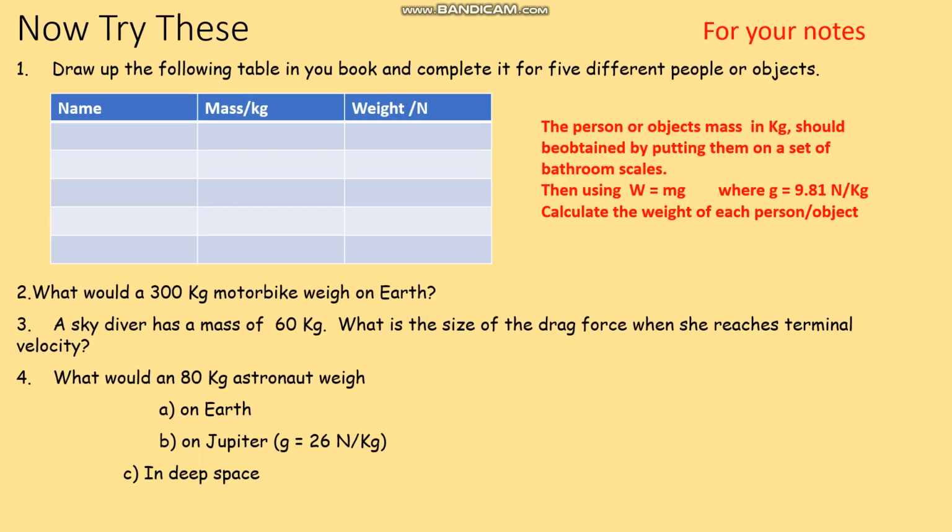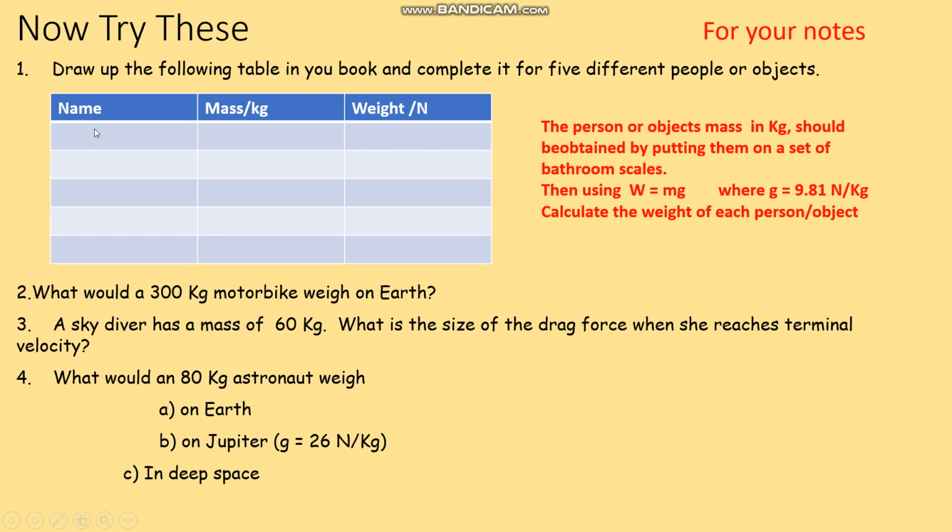Okay, a series of questions then, and a little activity if you want to do this. Again, the information needs to be in your notes so you've got a record of the calculations that you performed. I'd like you to firstly draw up the table shown in blue here. I know some people are sensitive about putting information about their weights down, so you can use objects instead of people if you want.